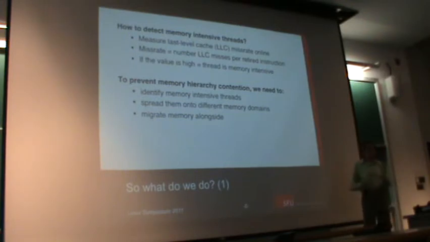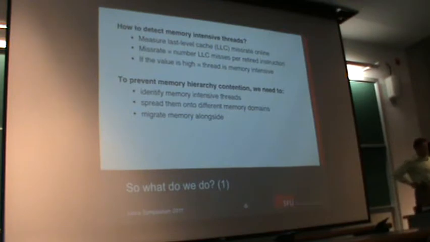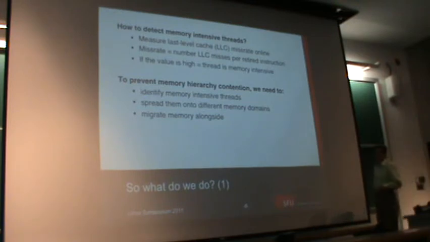There are a few downsides, but this is a good metric to tell how memory intensive the thread is. The miss rate is the number of last level cache misses, in this case misses from the level 3 cache, per retired instruction on the core, per thread. If the value of this last level cache miss rate is high, then the thread is memory intensive, right?